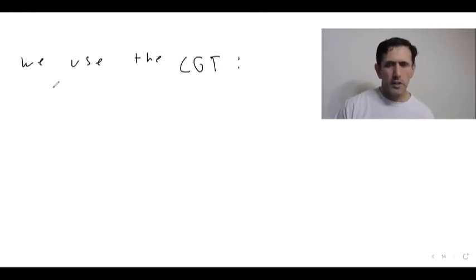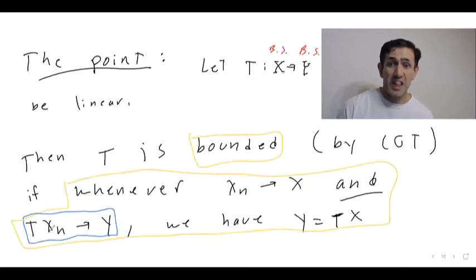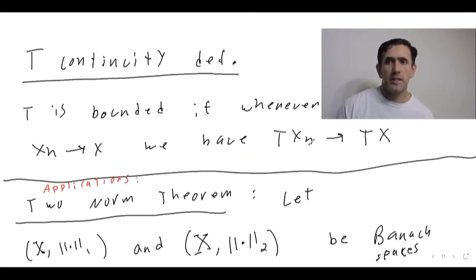This really should give you a glimpse as to just how powerful it is to be able to assume this, versus just somehow proving that Txn converges.